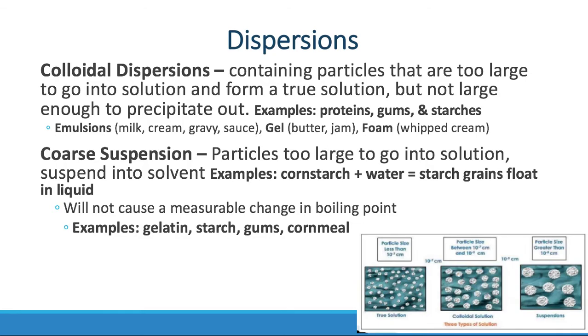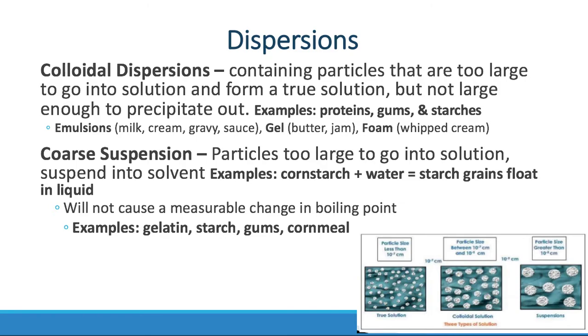That starch doesn't dissolve within the water, but it floats within that water. So again, examples might be cornstarch in water, cornmeal in water. So these starches or gums or larger molecules are not going to cause any sort of change to the boiling point.